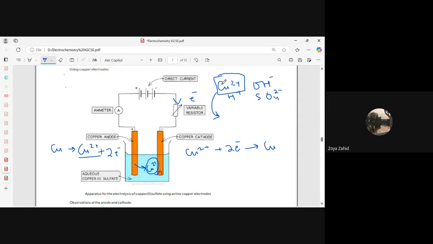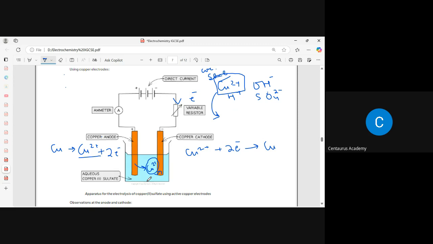I think it will fade. You think it will fade? Why? Because the copper will be deposited at the cathode. But the concentration of the copper 2 plus ions within the electrolyte does not change.